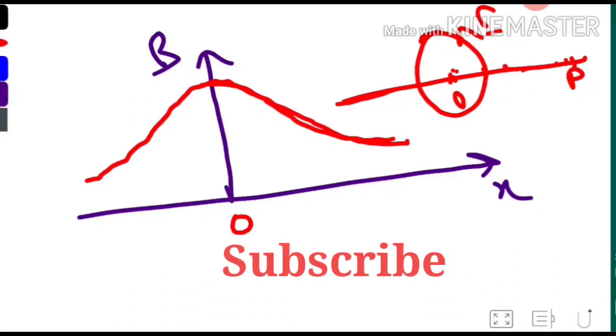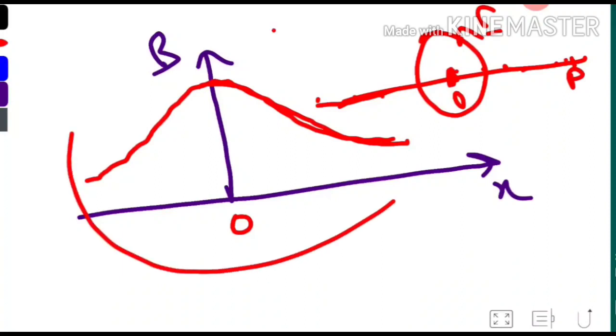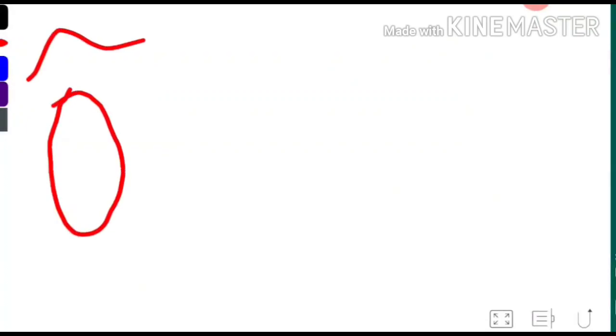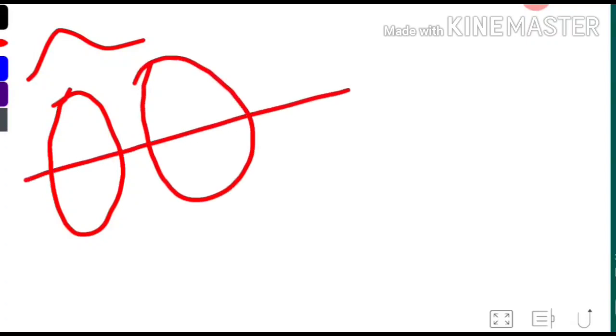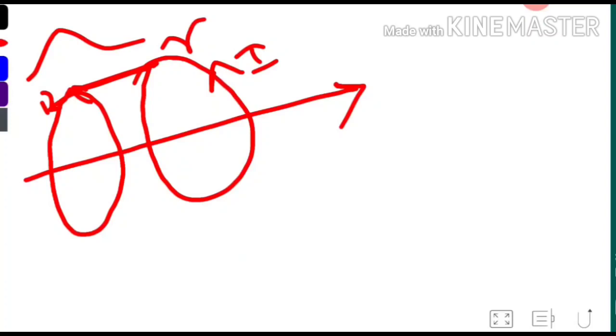If we also find this on the other side, the magnetic field decreases there too, and it increases at the center. So this is our graph. With the help of the graph we can find one more thing. For one coil we get this type of graph, and if we take another coil, coaxial obviously, with current in the same direction, and the distance between them is R, then we will get another graph of this type.